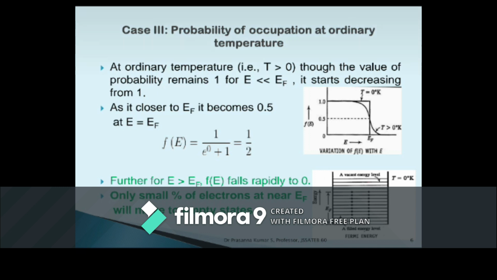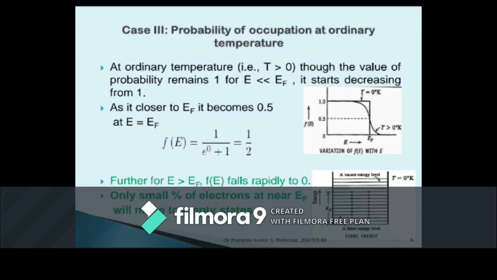It tells you that if the electron is in the Fermi level, picks up thermal energy and jumps into the vacant sites, the probability for such an electron having Fermi energy is 50%. So the probability is 0.5.